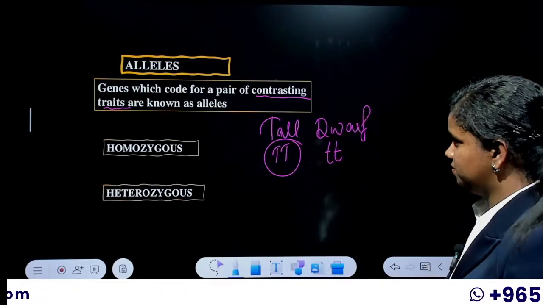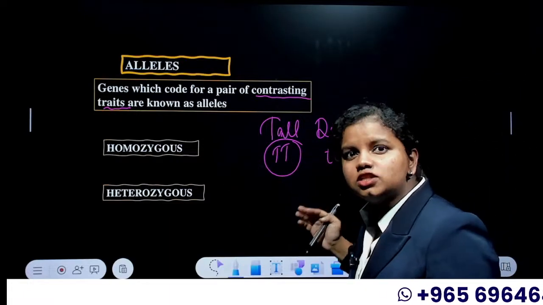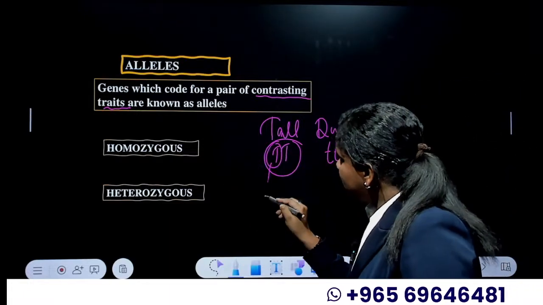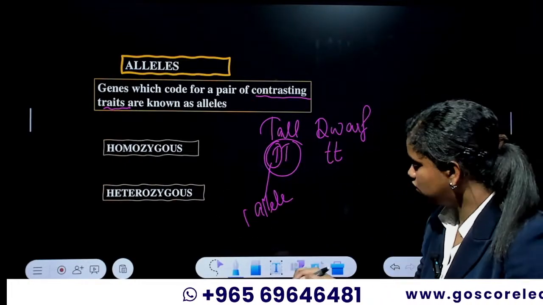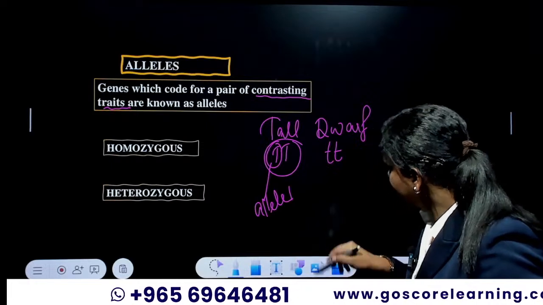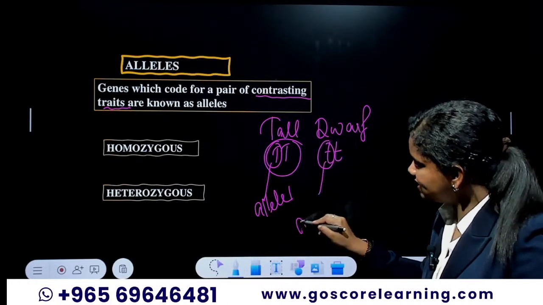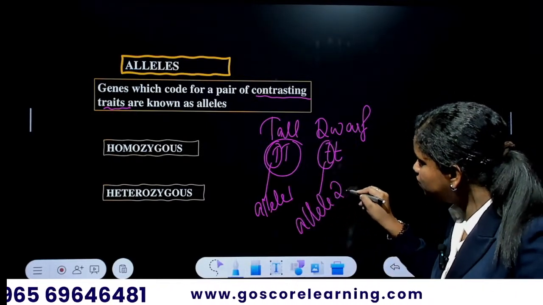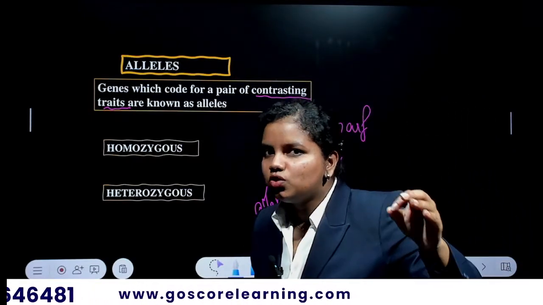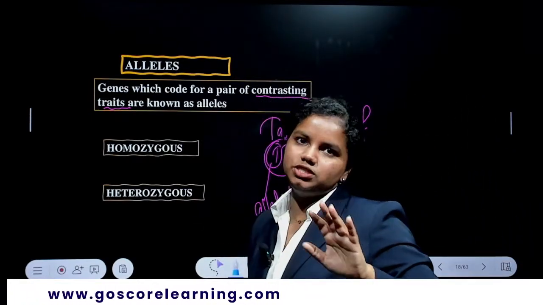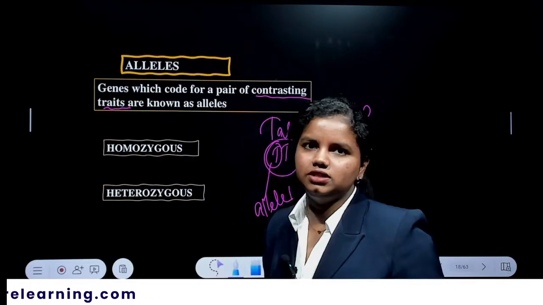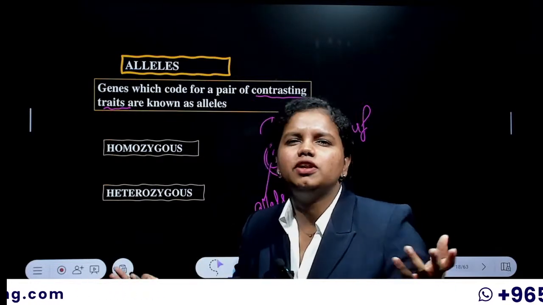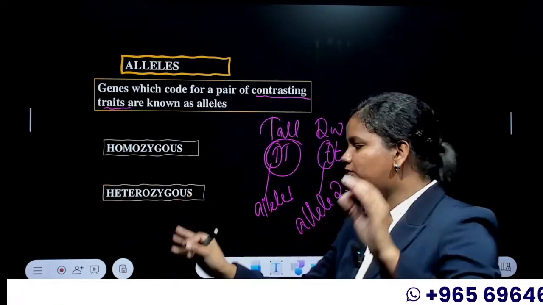What did you understand from that? In capital T and small t, capital T is one allele, allele 1, and small t is another allele, allele 2. So two alleles of the same gene. You can say they are the pairs of the same gene, the same gene in different forms, alternative forms of a gene.